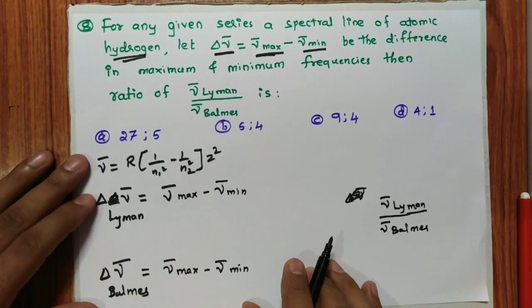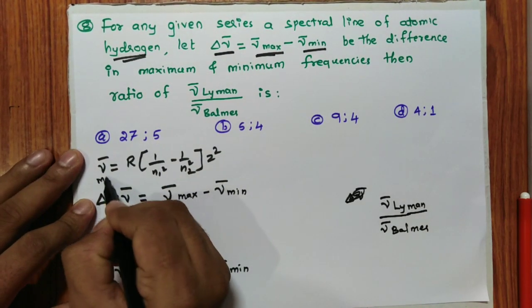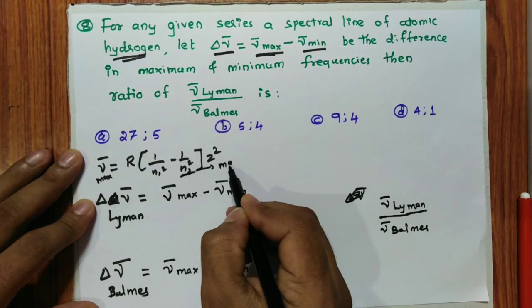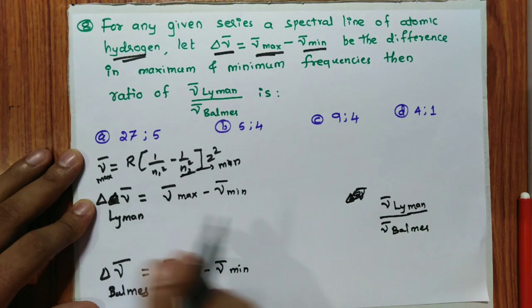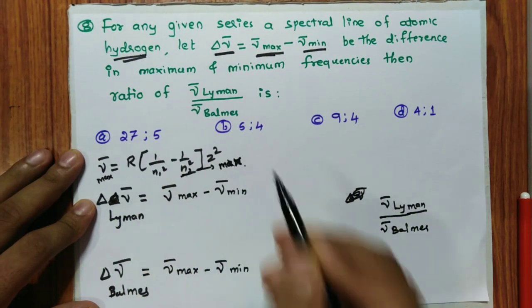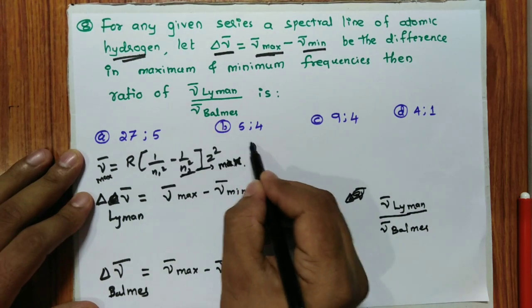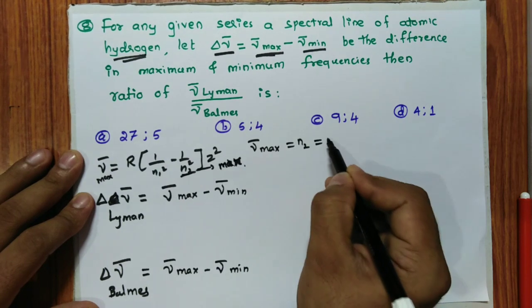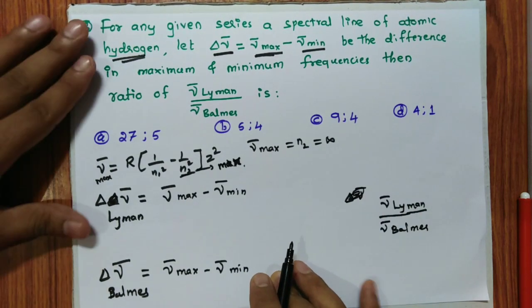Now you can see, if nu bar maximum is required, what should be the N2 value? N2 value should be maximum. So always remember, if you want nu bar maximum, then N2 should be infinity.